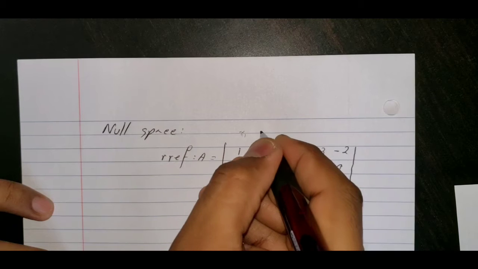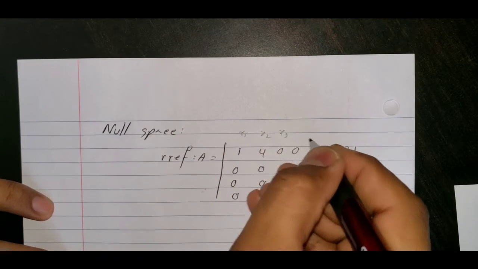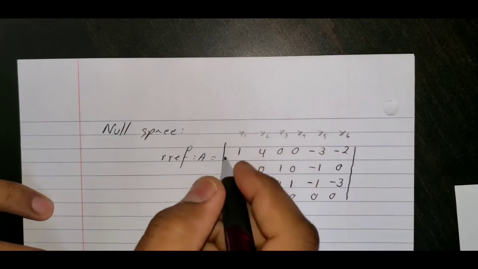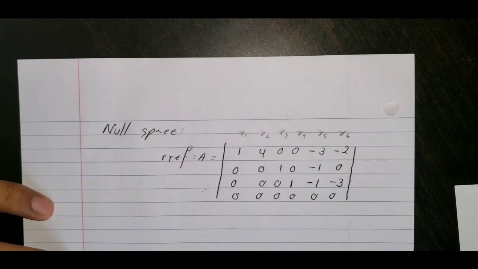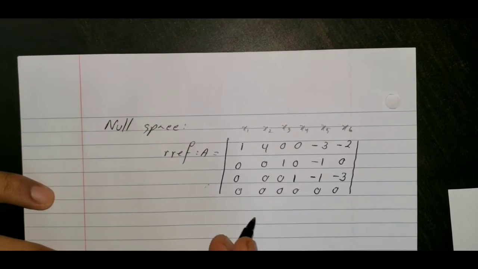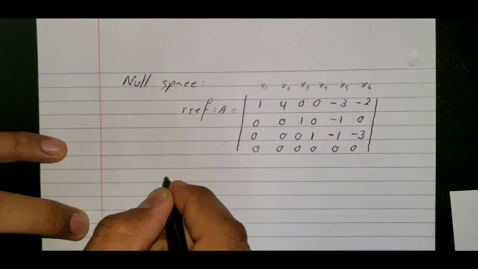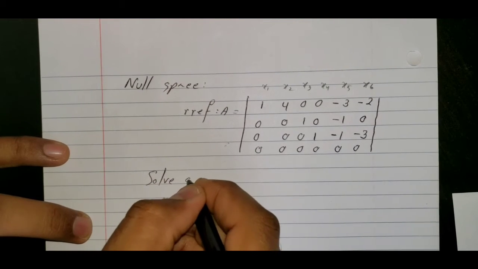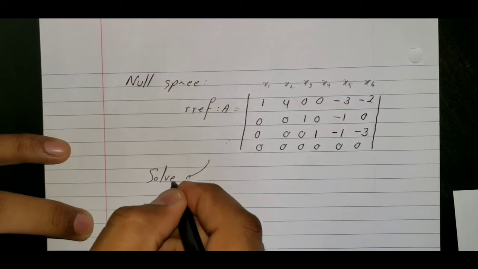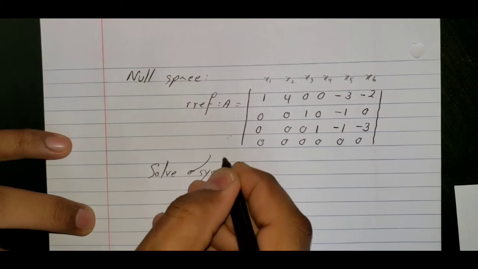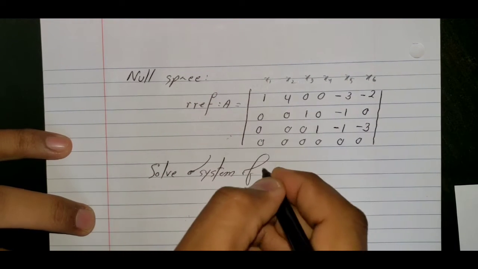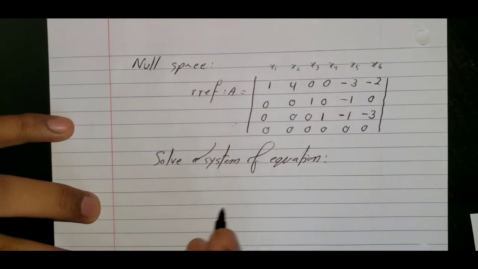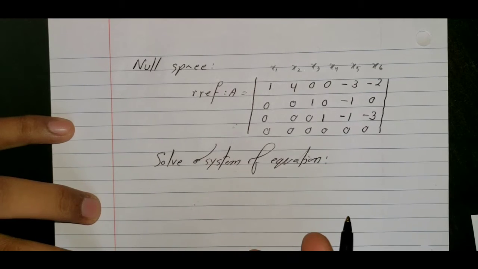So you have x1, x2, x3, x4, x5, and x6 as the columns. Now we have to solve the system of equations here to get the basis of the null space. So how do we solve the system of equations?